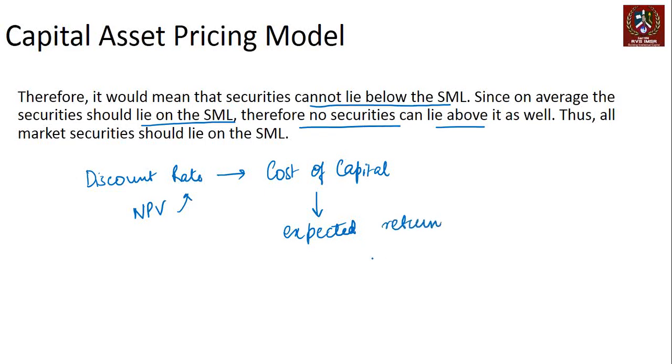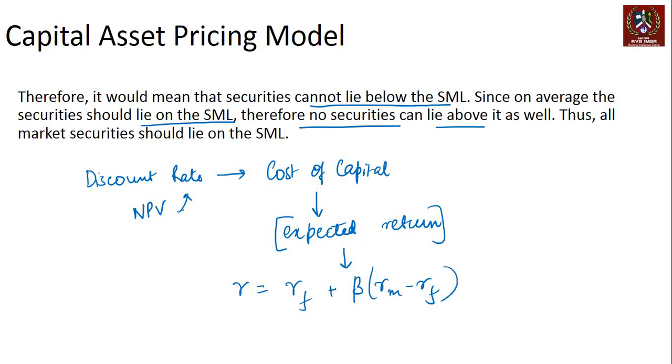If you give me money for a project, my cost of capital is the amount that I have to pay you, and that is going to be your expected return. And this expected return, if you're investing in this project as an equity holder, is going to get defined by the risk entailed in this project, which is given by the capital asset pricing model, right?